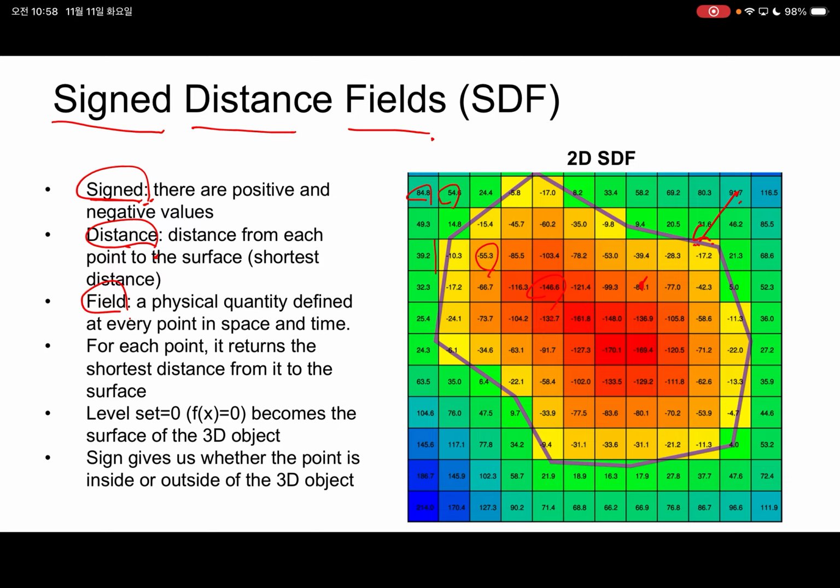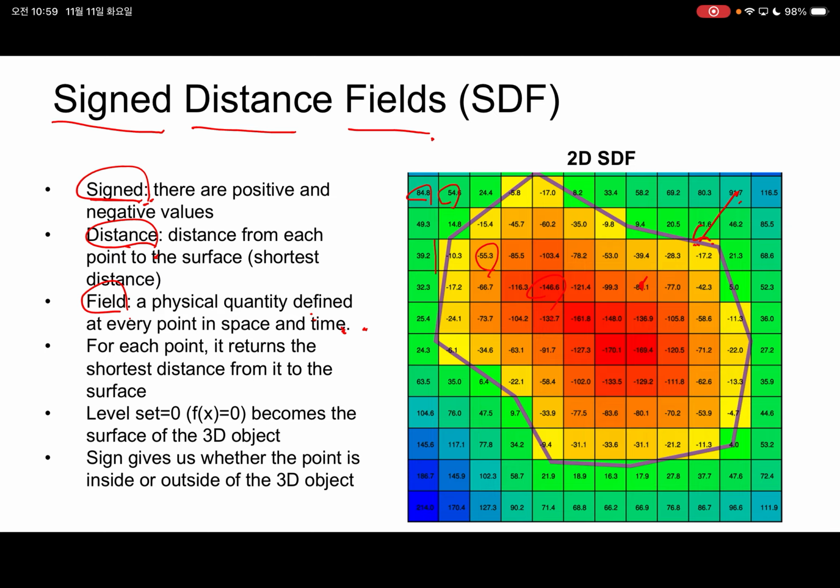And field: I think you're familiar with the gravity field, right? Field is from physics, and the definition of a field is a physical quantity defined at every point in space and time. Just as an example, the gravity field: we are living in 4D space and time, and for each point we can get a gravity value. So that is just the same.